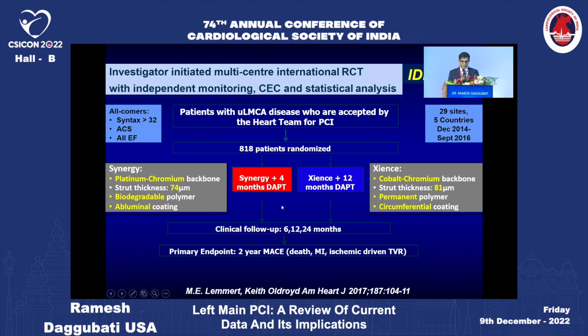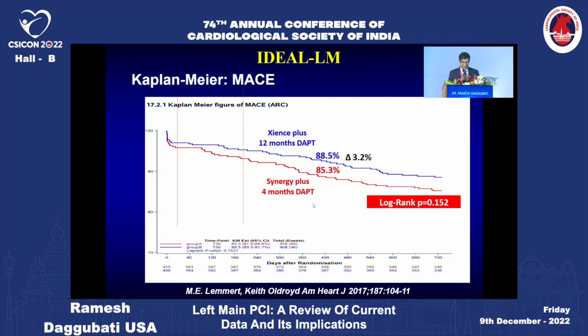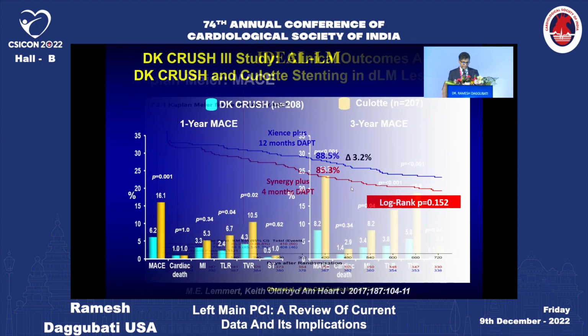This was an investigator-initiated study at 29 sites in the UK and Europe, in 5 countries, from December 2014 to 2016, and the primary endpoint was 2-year MACE of death, MI, and ischemia-driven TVR. There was a slight increase in Kaplan-Meier MACE, higher in the Xience arm than in the Synergy arm, but it was not statistically significant.